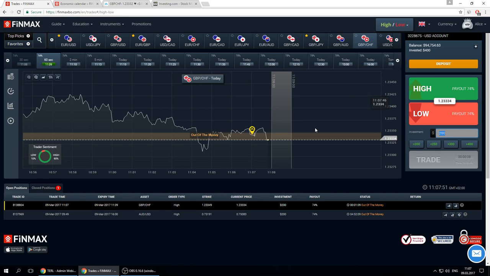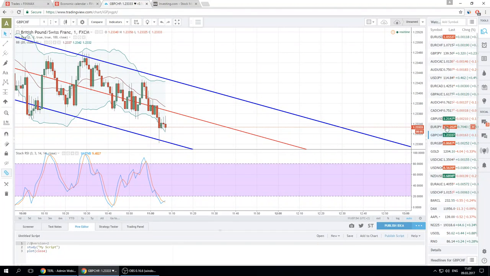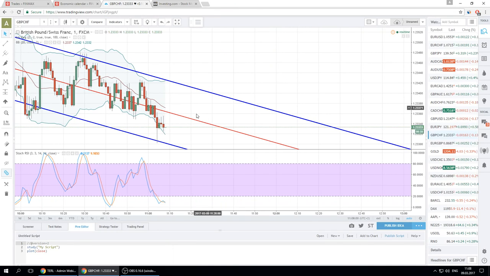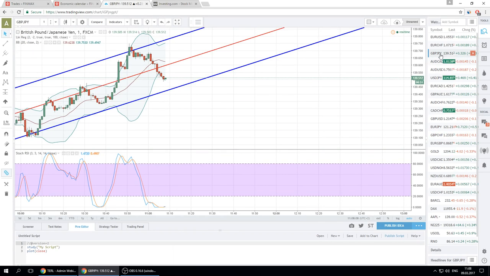Let's prepare for the second trade. As we see, the situation has changed on the market, and right now we see the red candles. Let's see what we have here. Also, there is pretty good potential within the short range for the British pound to grow.